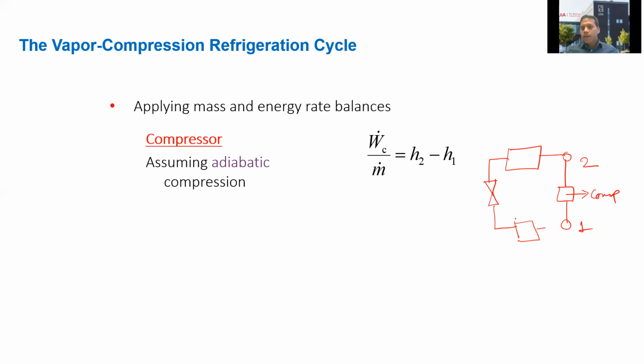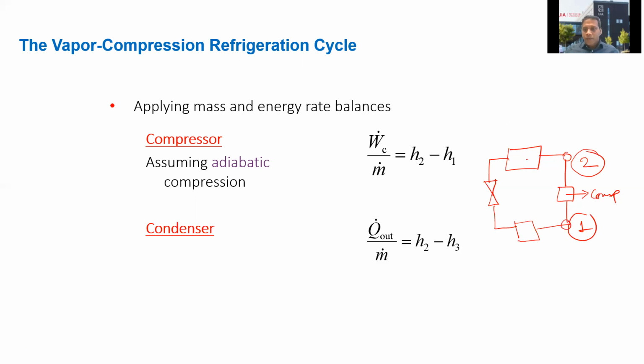Just to remind you, this is point 1 to 2. If you know the enthalpy at point 1, H1, and the enthalpy at point 2, H2, then you can find the compressor work that you need to run this refrigeration cycle.